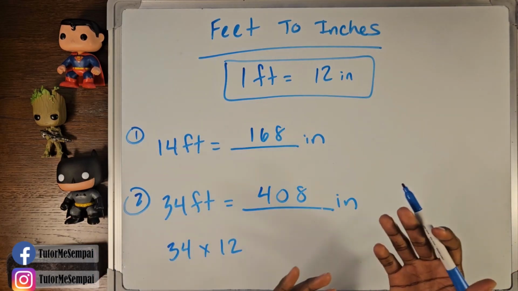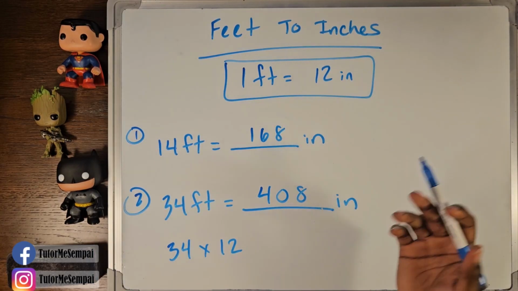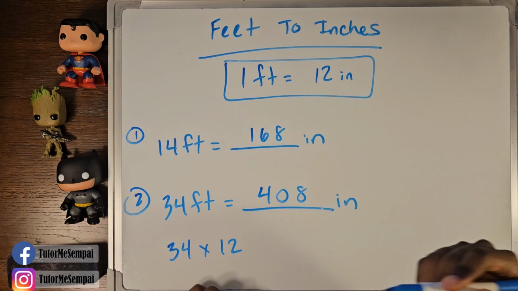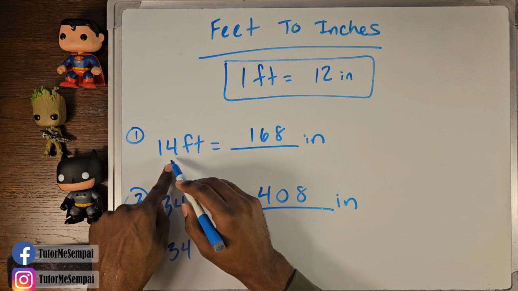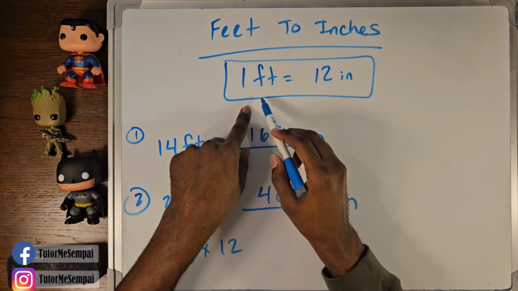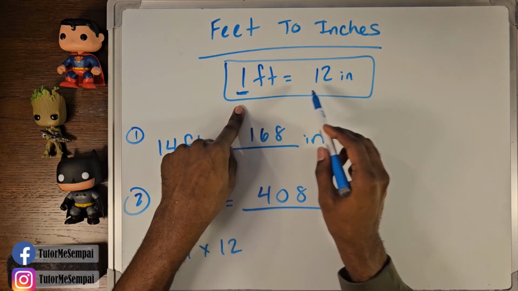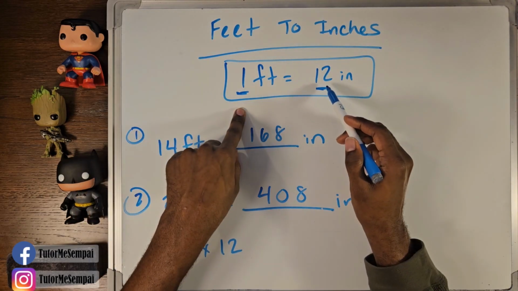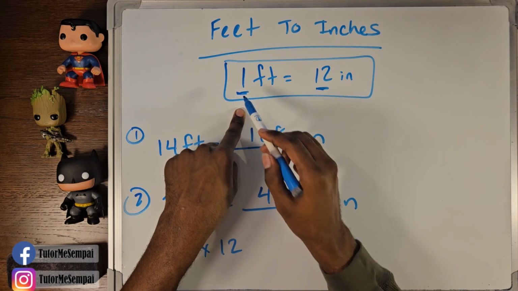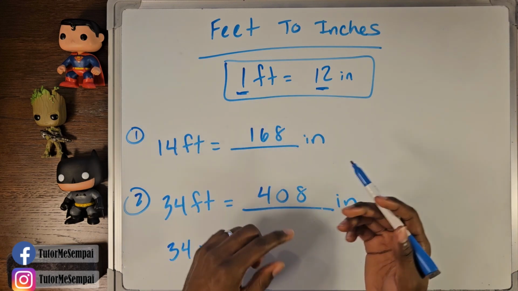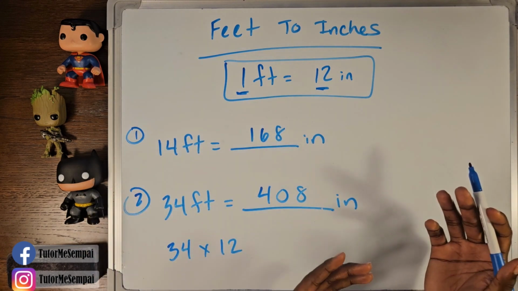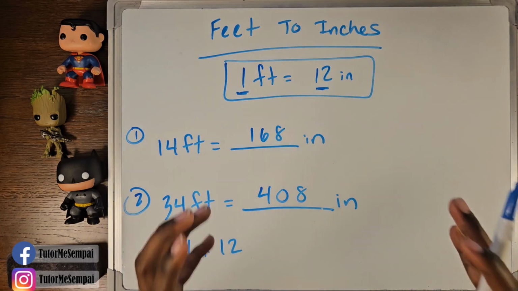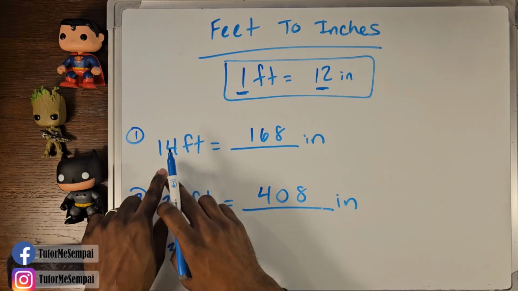You're doing both things by 12, but in one case, you're dividing, in the other case, you're multiplying. Feet to inches, you multiply. You multiply because you're going to want a bigger number than what you started with. Notice that you have 1 and 12 here. Which number is bigger? 12. 12 is going to be bigger than 1. So if you're converting feet to inches, you want your inches to have a bigger number than your feet.